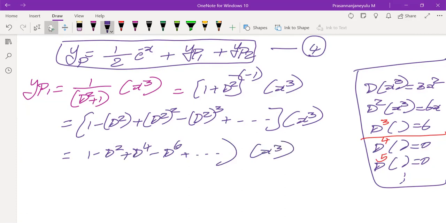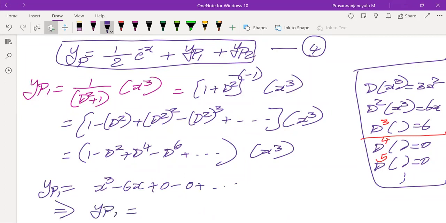Now take this x cube inside, then it will combine with all these terms. It will become x cube minus D square of x cube, which is simply 6x. What about the next term? 0. D power 6 of x cube is also 0, plus and so on. All the terms become 0. This is just yp1. So what is the final yp1 value we got? x cube minus 6x is just yp1.